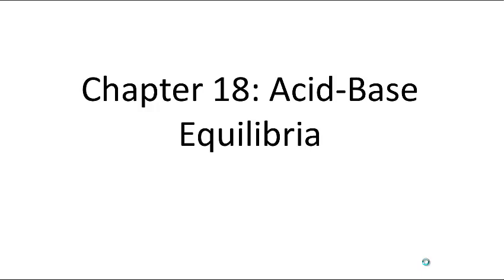And then the third part, chapter 19, is going to be some applications: understanding some of the things acids and bases do, how we can get more information about them experimentally. So that's the overview. We're going to dive into doing some calculations today.